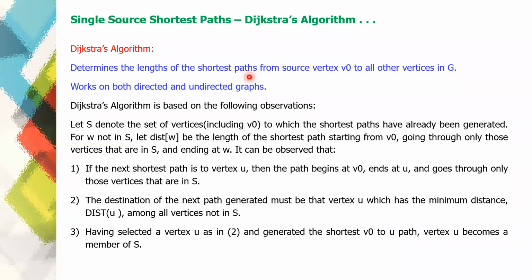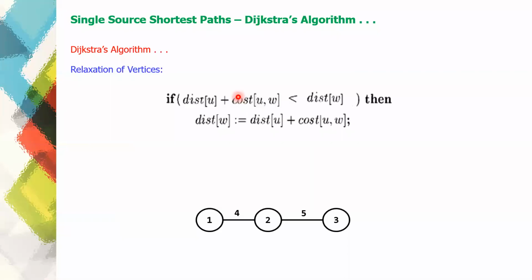Dijkstra's algorithm works on both directed and undirected graphs, but it will not work when the graph consists of negative weights. So before working out an example problem using Dijkstra's algorithm, you'll have to know this technique which is called relaxation of vertices.